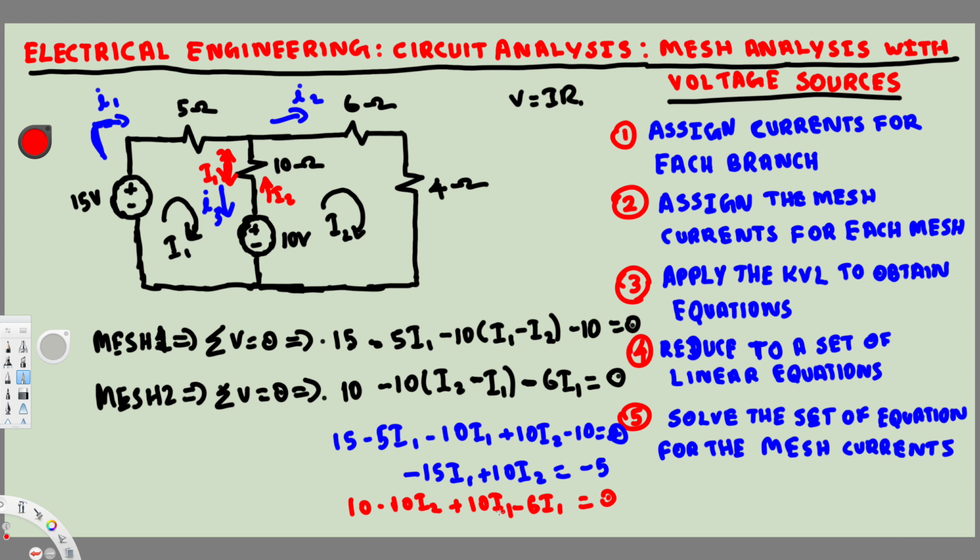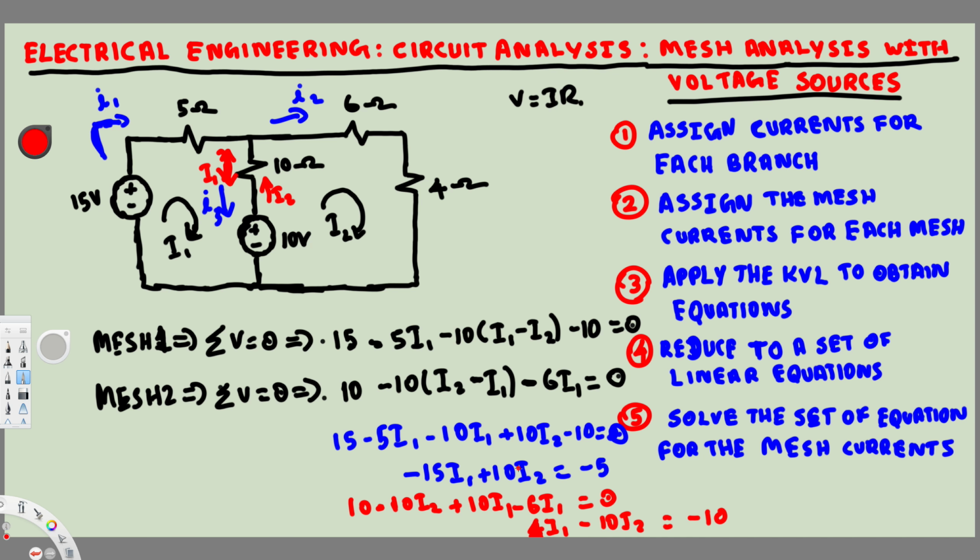Here we have plus 4 I1, and then we have minus 10 I2, that's equal to minus 10. Okay, it looks like there's a mistake.